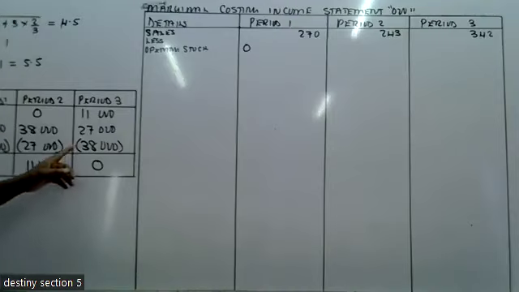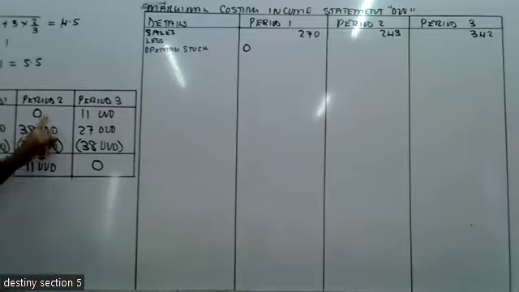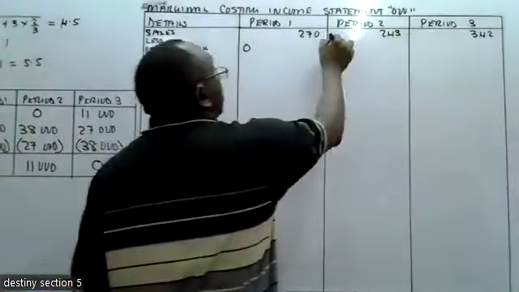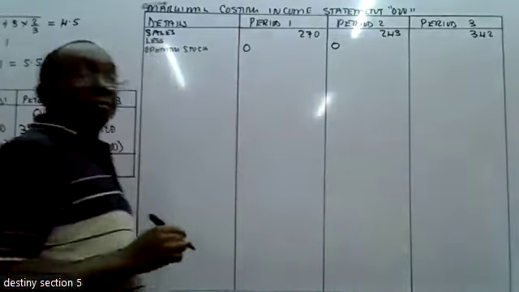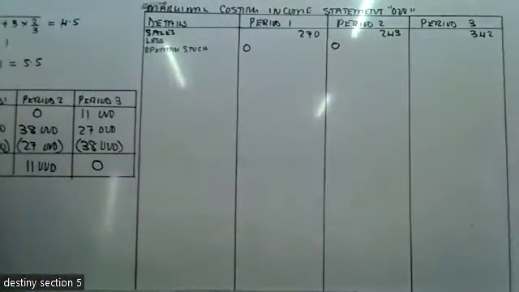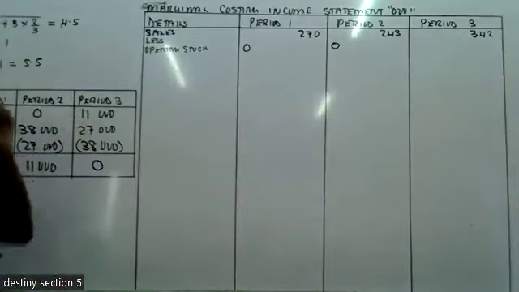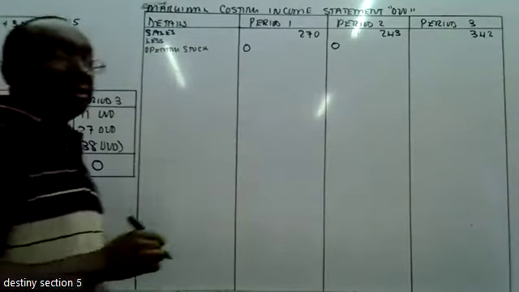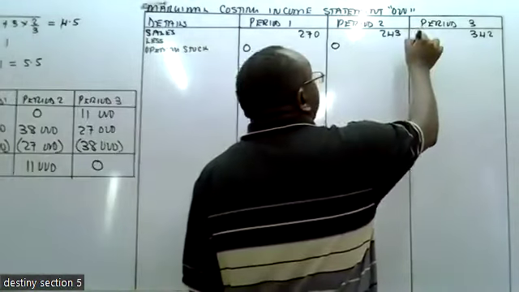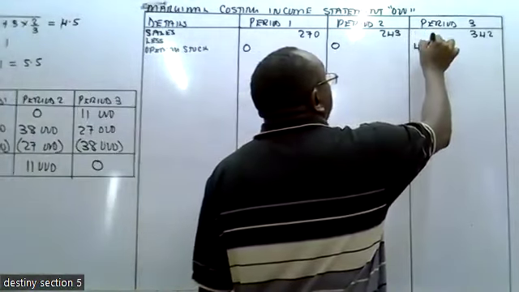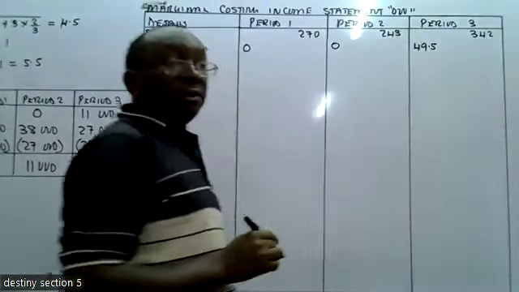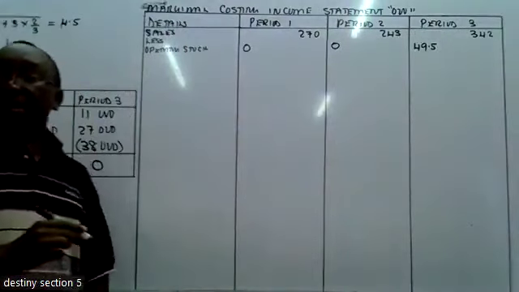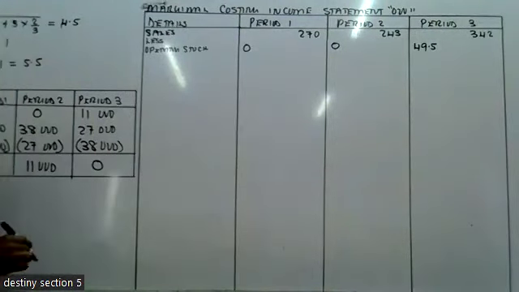Then, when we come to second period, it is also 0 times 4.5. That gives us also 0. When you go to the third period, it is 11 times 4.5. That gives us 49.5. Make sure you have arranged your figures well, like arrange in mind.